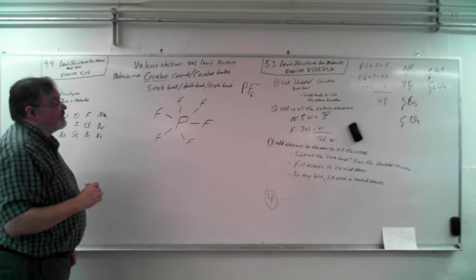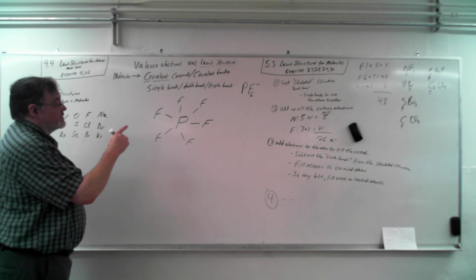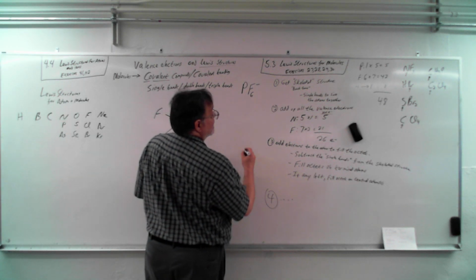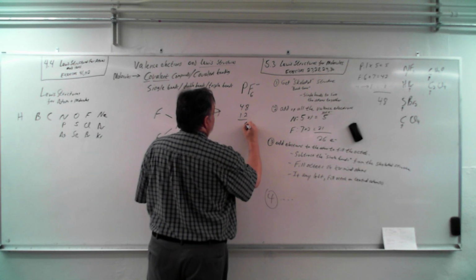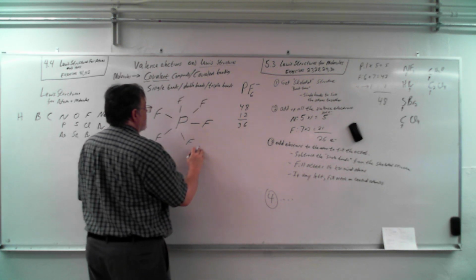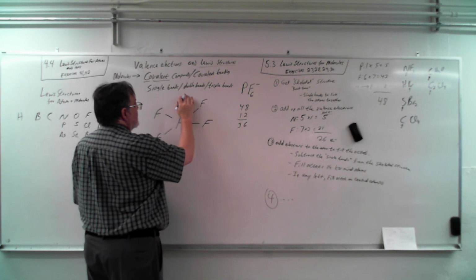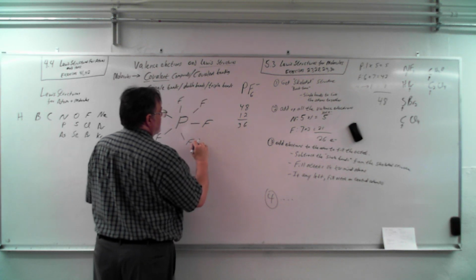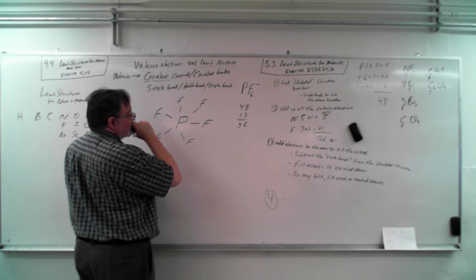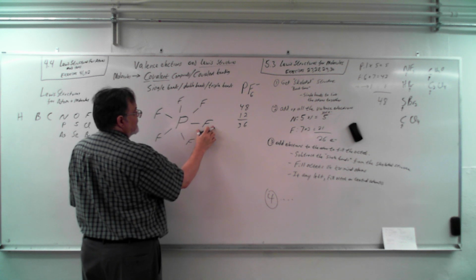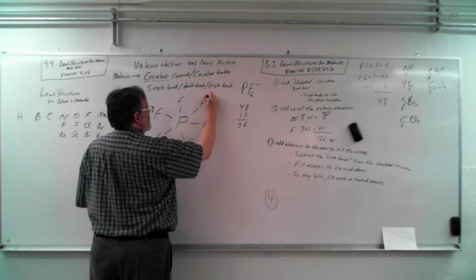So obviously phosphorus doesn't have just 8 electrons around it. 4, 6, 8, 10, 12. Maybe this isn't going to do what I want it to either. Six. 2, 4, 6. No, we're just going to end up.